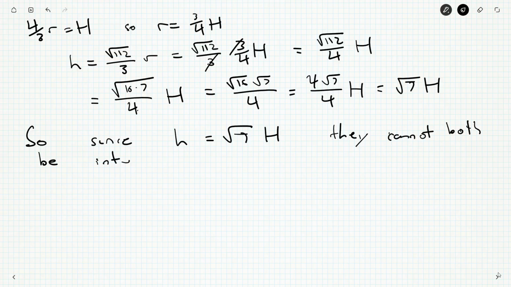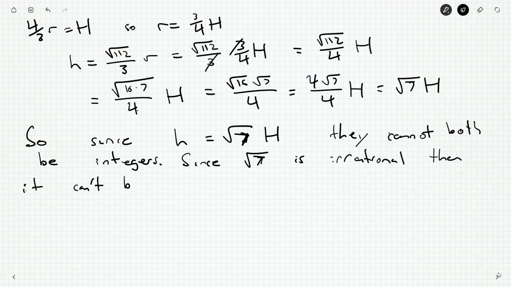be integers. Now, I would say this is clear, but if you wanted to go a step further, you might say, since root 7 is irrational, it can't be a ratio, so it can't be expressed as a fraction of integers.